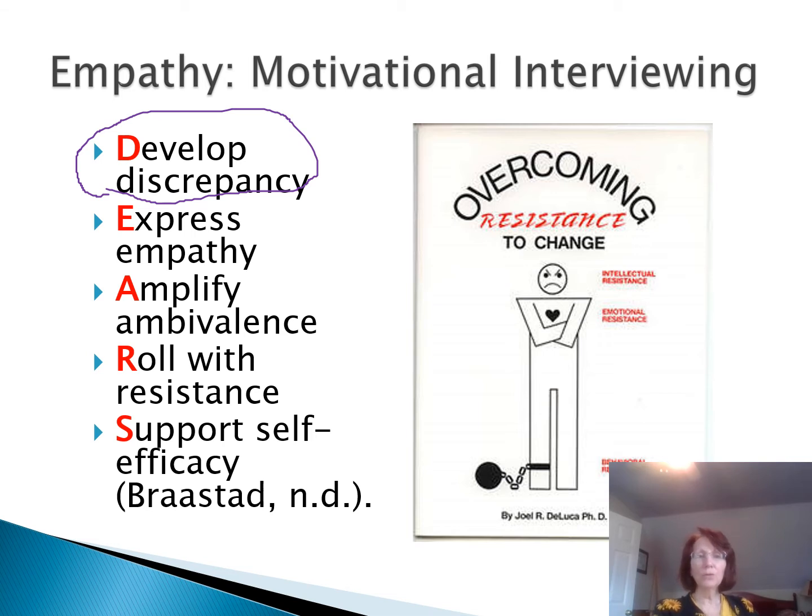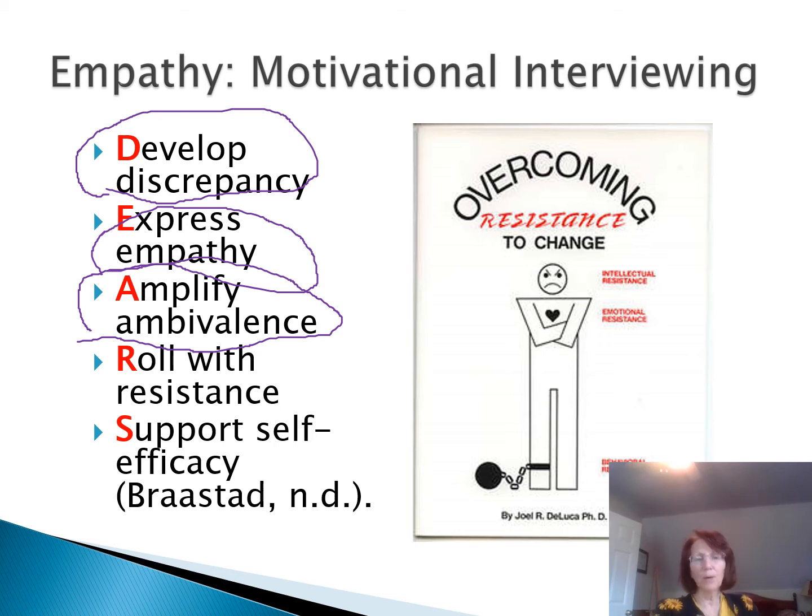Then we could do a motivational interviewing technique, the second one, which is expressing empathy. It would be a similar scenario. I see that you're really concerned about how you relapsed and how that's affected you. We could amplify their ambivalence if they showed that they didn't care.